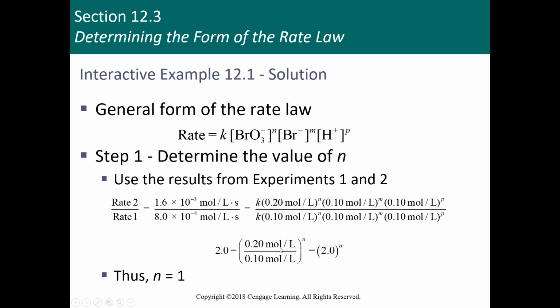And so what we see is this will be 2 equals 2 to the power of n, our order that we don't know yet. But the only way this 2 could equal this 2 is if this was the first order, to the power of 1. By the way, if you wonder how you actually do this problem, how you would put this in the calculator, frankly, I would never put something like this in the calculator, okay?